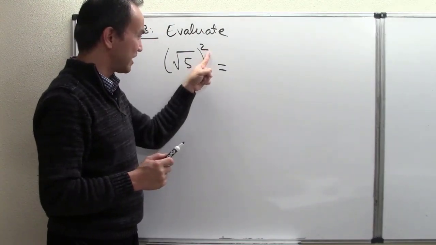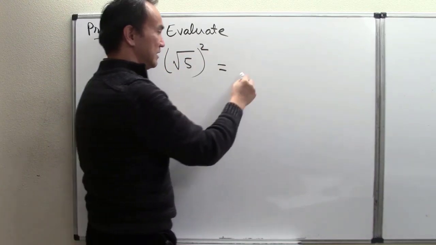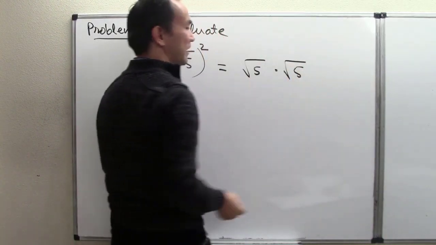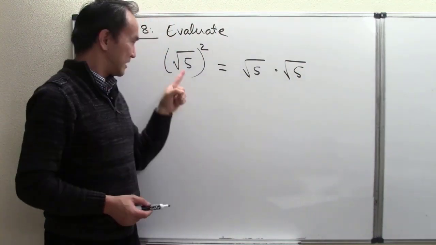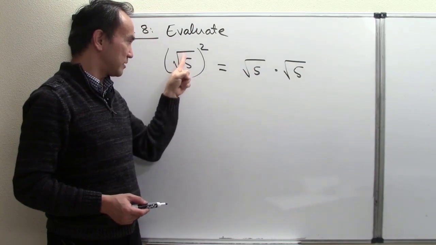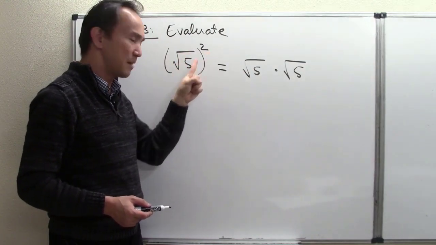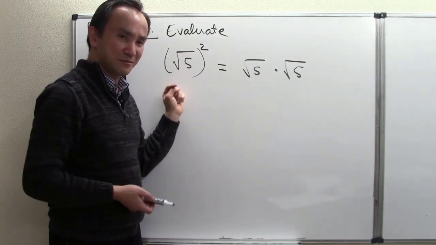So the square here means the square of the square root of 5, which really means we have the square root of 5 times the square root of 5. I should also mention that the square root expression inside of the square here is an irreducible square root expression.